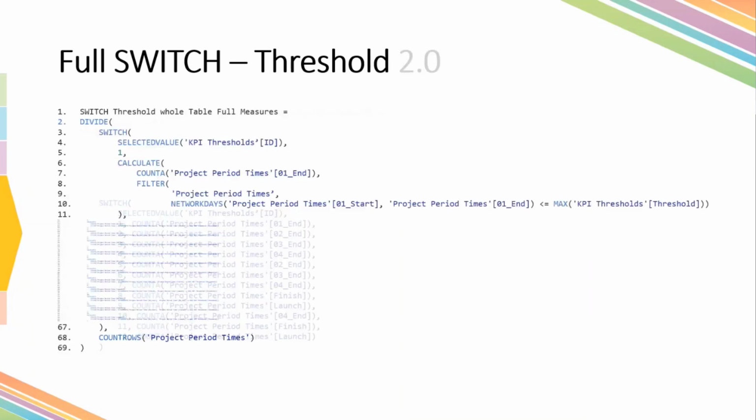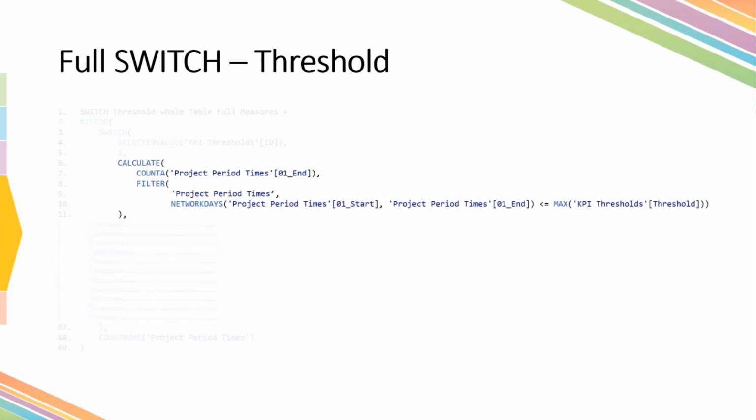And maybe you've noticed that in the end I use a max function for the threshold value. I could use a lot of different measures here. At the end of the day, since we're already using the filter on the visual, and the filter filters the switch function, there's only going to be one threshold left, the threshold of the ID that's being chosen.